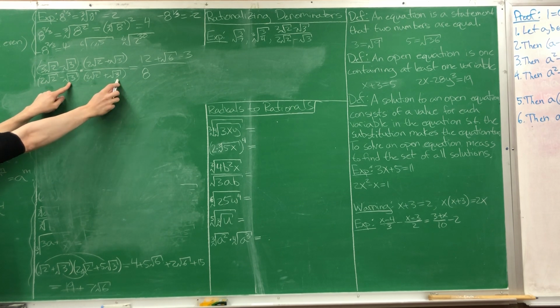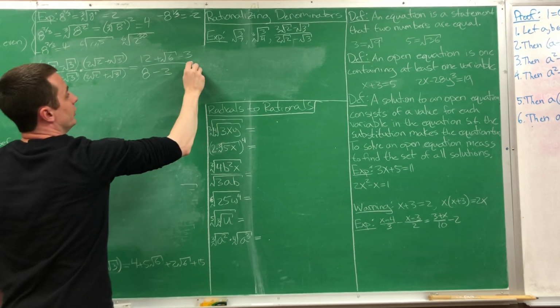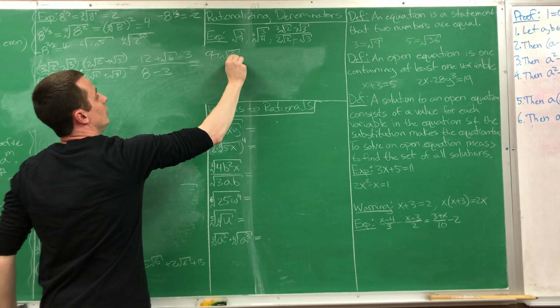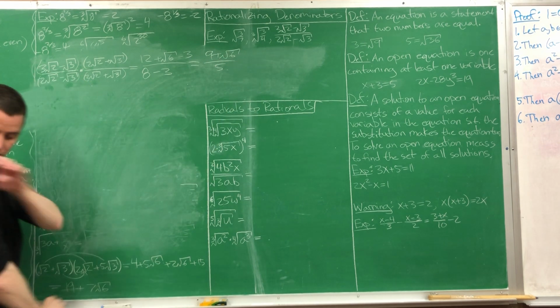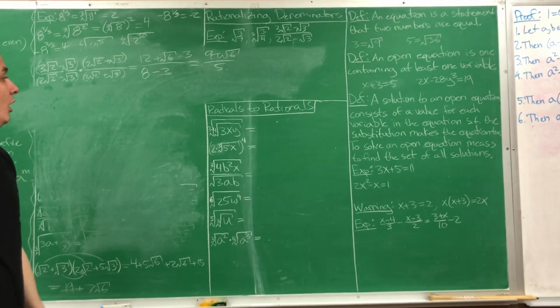Those two cancel. And then finally we have minus 3. So this is equal to 12 minus 3 is 9 plus the square root of 6 all over 5. Okay. And that's how we simplify that one. Good? Yep. Cool. All right.